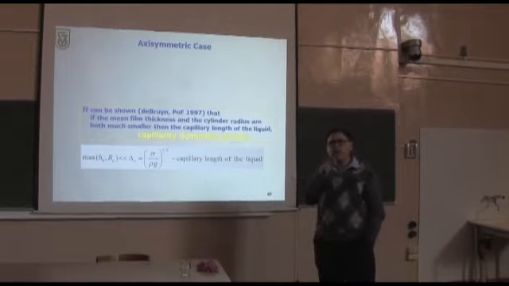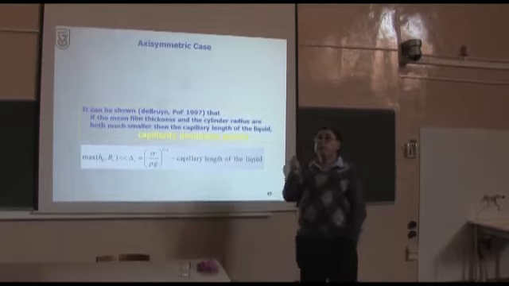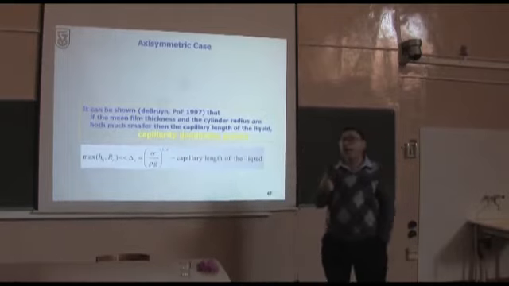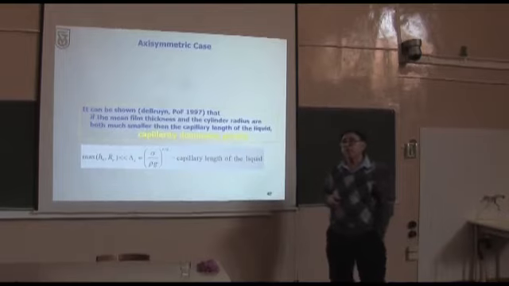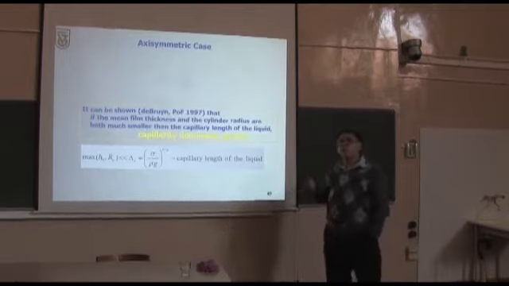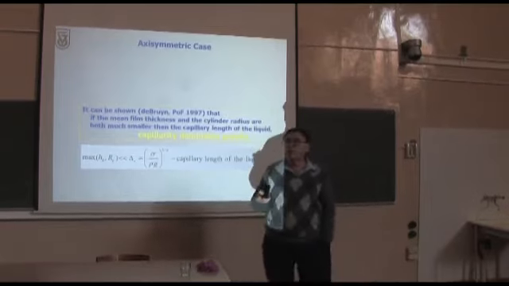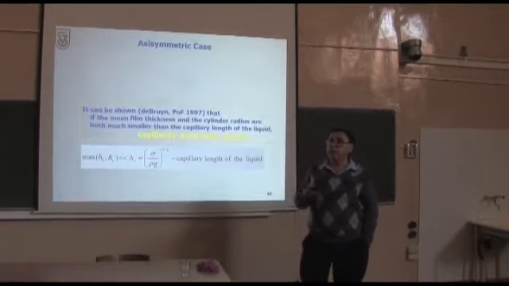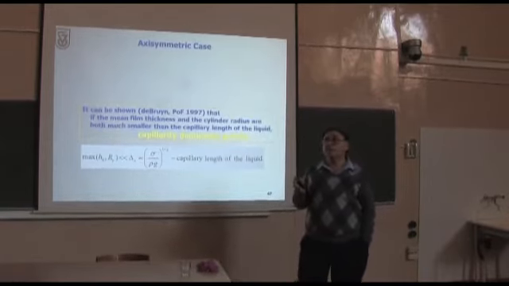I don't remember, I think I introduced it yesterday. But anyway, let me forget about the bond number. If both the mean film thickness and the radius of the cylinder are much smaller than the capillary length of the liquid, which is this value, then you may say for sure that the gravity effect is dominated by capillarity. It does not mean that you can forget about gravity.